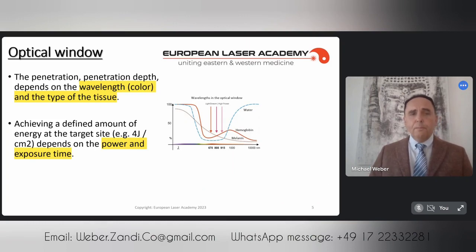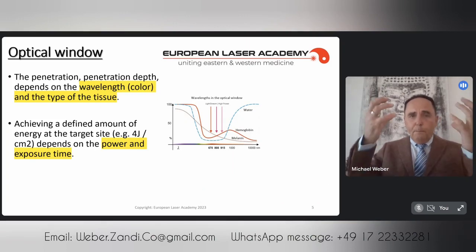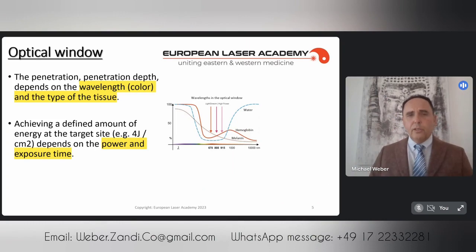We have this optical window for penetration of photons down into the tissue. It goes from the visible red light, around 650, 670 nanometers, to 808, a typical wavelength of near-infrared, and 950, 910. All these colors give good penetration down into the tissue. Why do the other colors not penetrate?